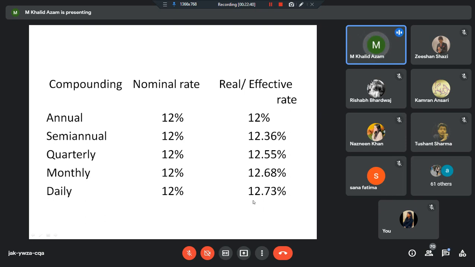So the compounding part, whenever we are considering, there are certain things which we have to keep in mind, that the compounding that can be made on a semi-annual basis or quarterly basis or monthly basis, your effective rate or the real rate will be much more than the nominal rate of interest. So these are the basic things which we have to understand related to compounding.